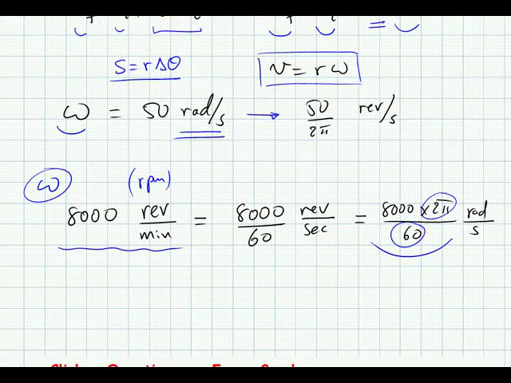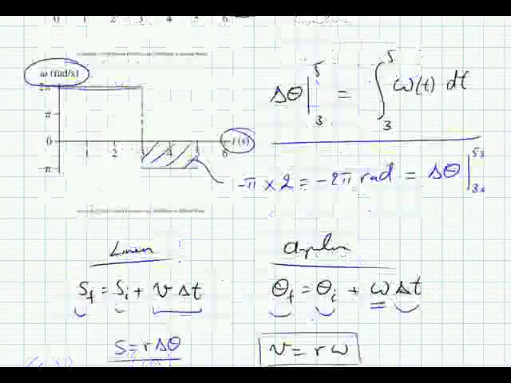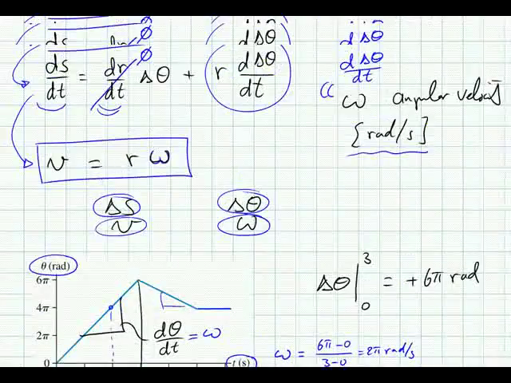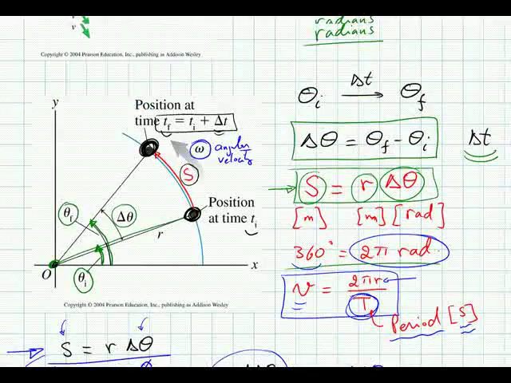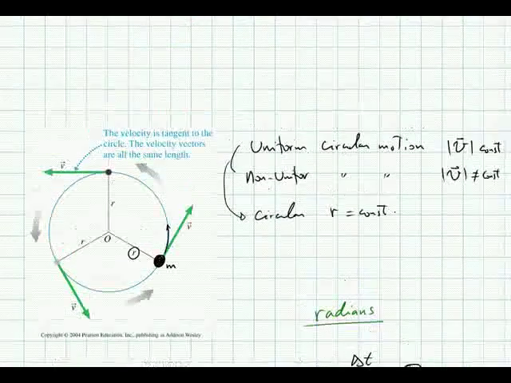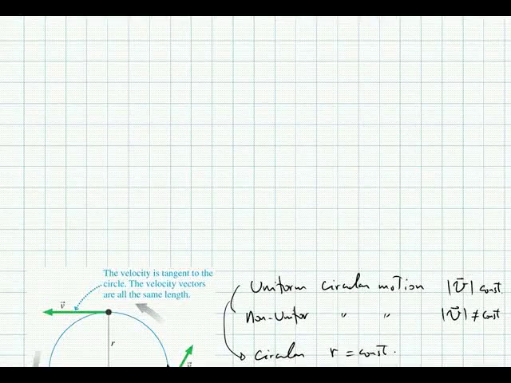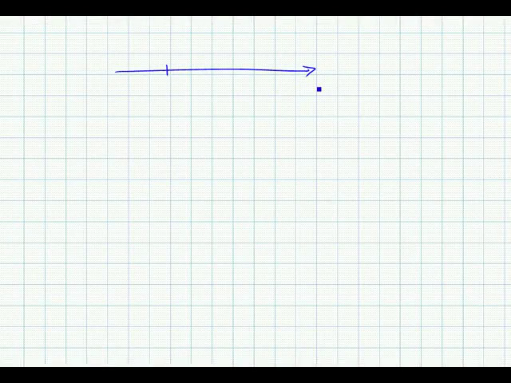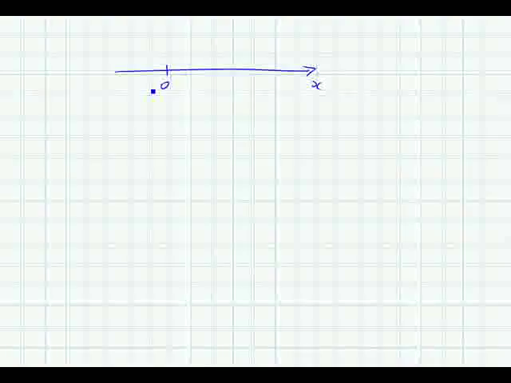Now, one thing I like to say is that the main difference between what we learned in linear motion and circular motion is that in linear motion you had the luxury to choose which way was positive and which way was negative.